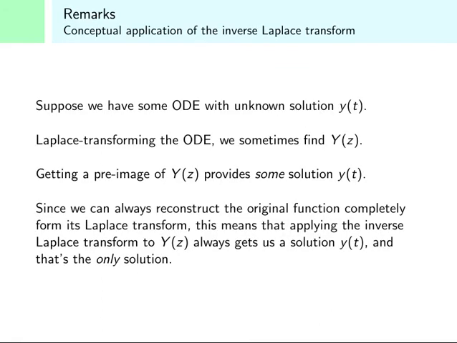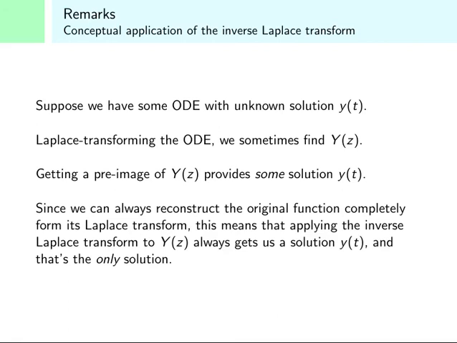Okay, we finish the discussion with some conceptual insights. So suppose we have got some ODE with an unknown solution y of t. Okay, Laplace transforming the ODE, sometimes we can isolate Y of z, and then getting a pre-image of Y of z under the Laplace transform provides us with some solution y of t.